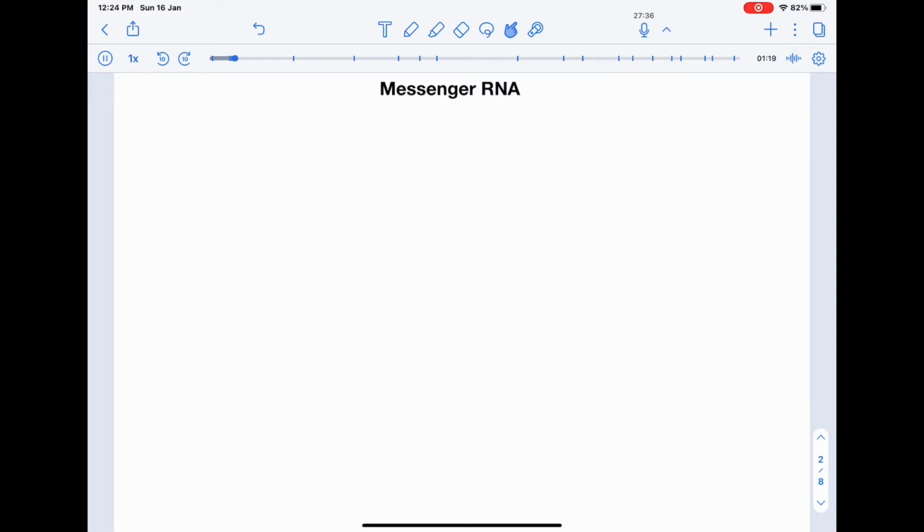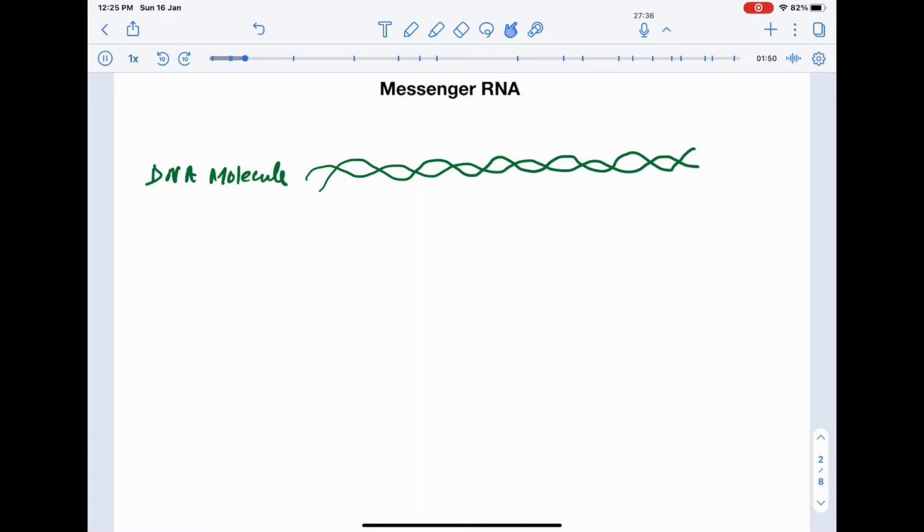If this is a DNA molecule, a DNA molecule has coding regions and non-coding regions.